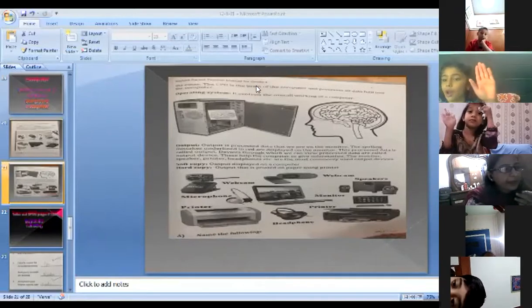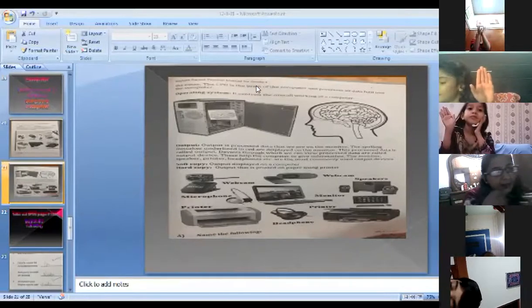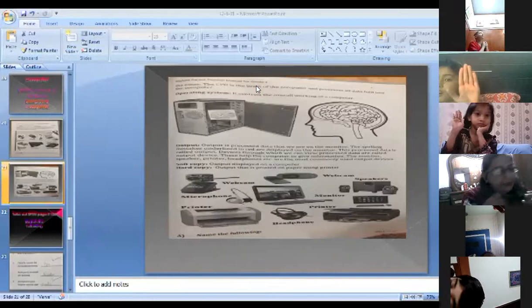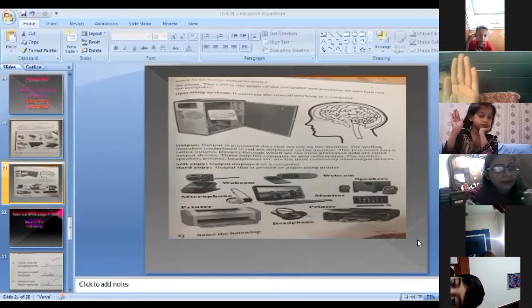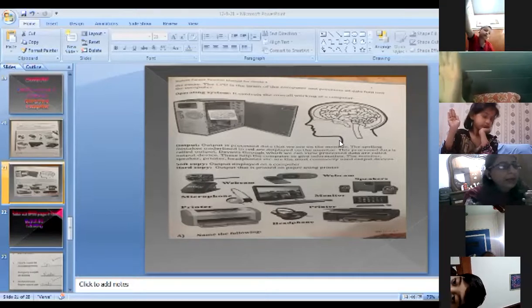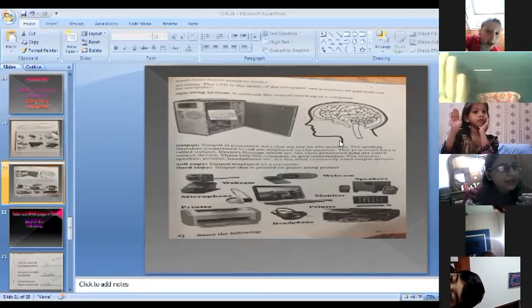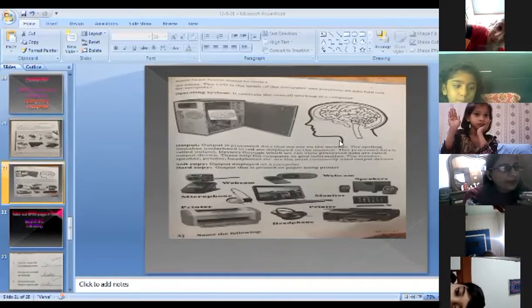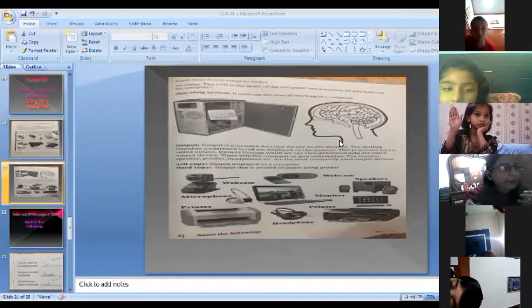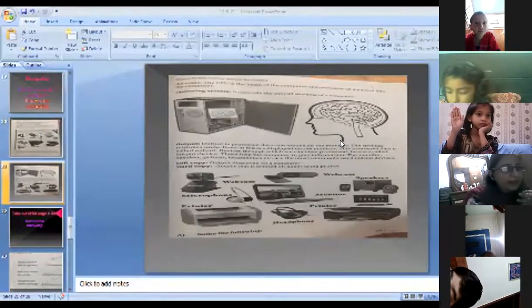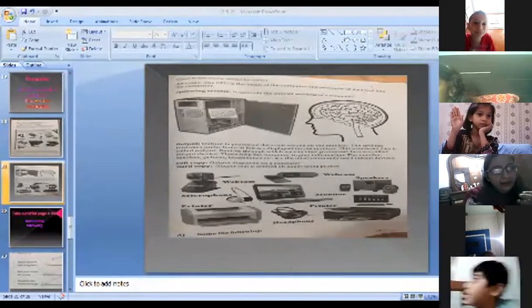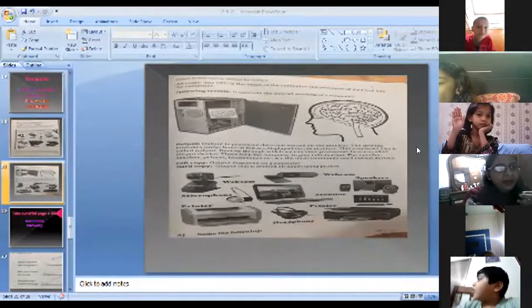Spelling of printer. Yes, Fatma Adnan. Unmute yourself and tell me the spelling of printer. P-R-I-N-T-E-R. Very good. Excellent. Good job, Fatma Adnan. This is the spelling of printer.